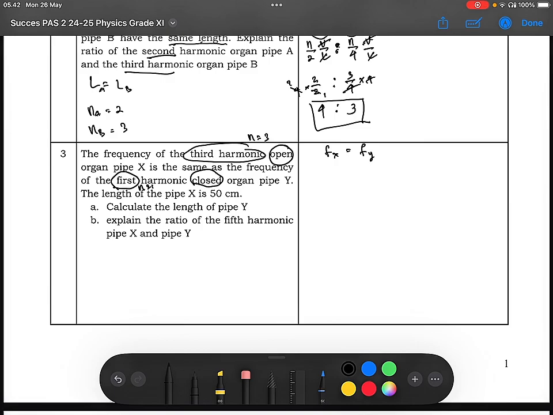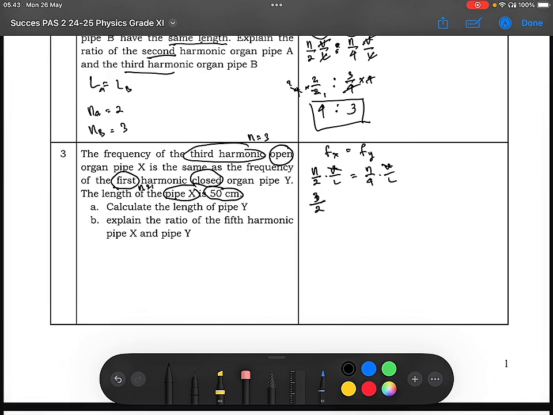Okay, and the length of pipe X is 50 centimeter. For Fx, because this is the open organ, n over 2, v over L, and for pipe Y, the closed, n over 4, v over L. The v is the same.